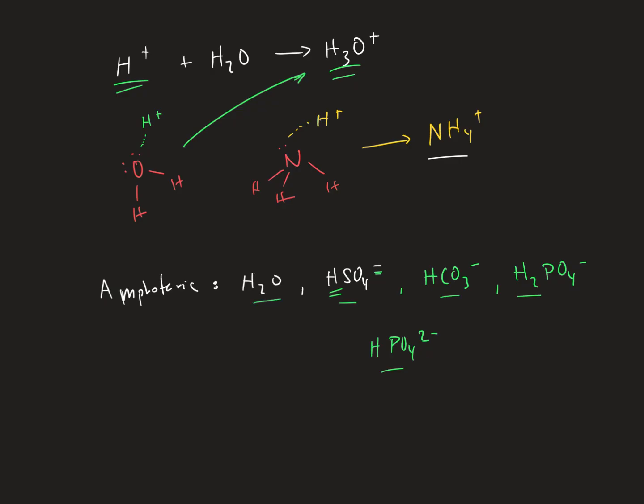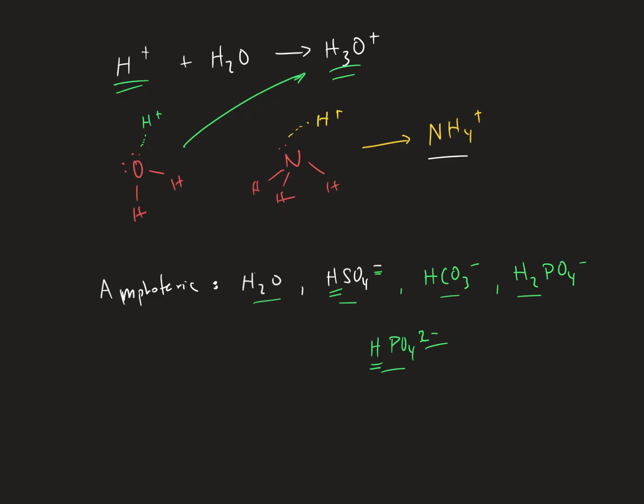Is that amphoteric? No. Why not? Because it's a 2 minus and now a minus minus. Does a 2 minus attract a positive more or less? Even more. So it's a base, but it's not an acid at all. Does it have an extra hydrogen ion sitting there?